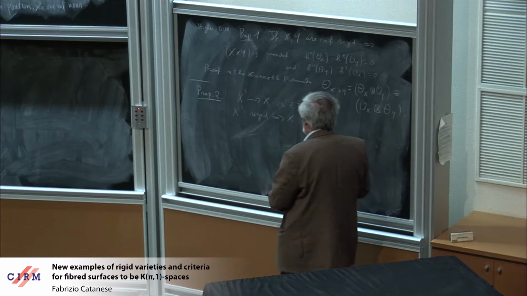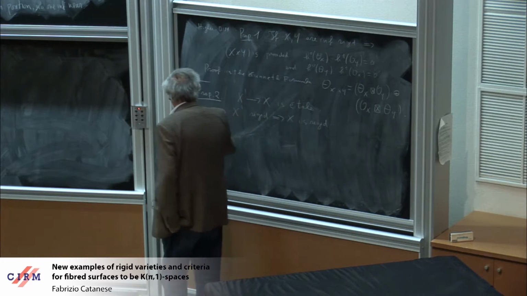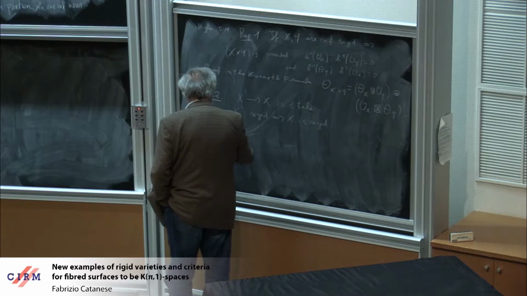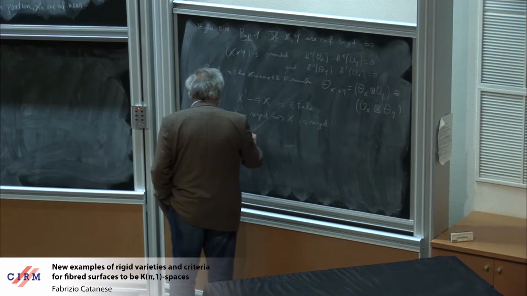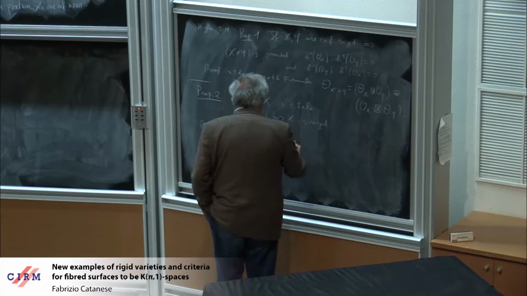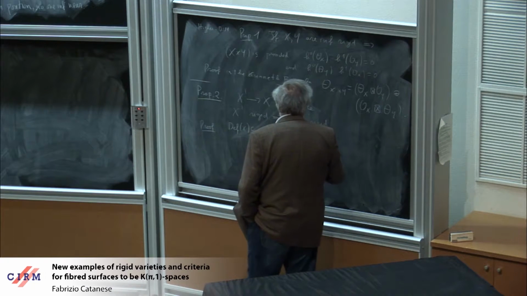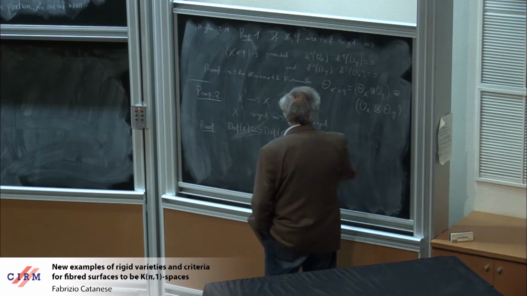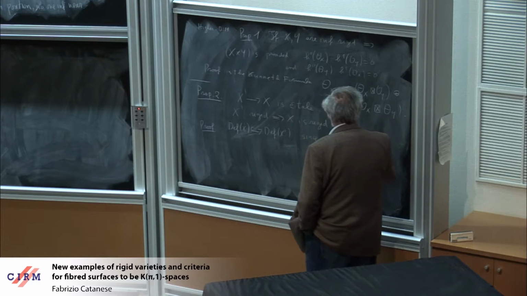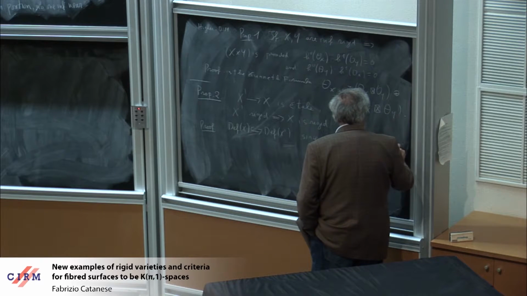The proof is also quite easy, because shrinking, I claim that the deformations of X embed in the deformations of X prime, since étale coverings correspond to the fundamental group, and the fundamental group of X is equal to the fundamental group of the whole family for B small.